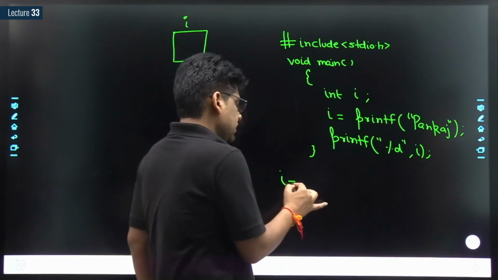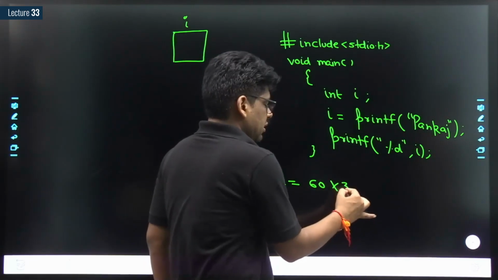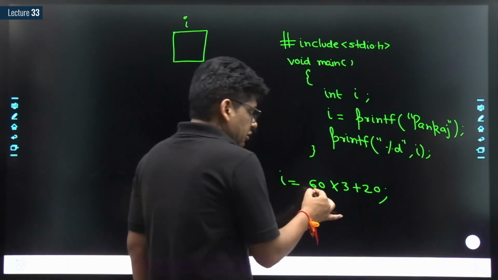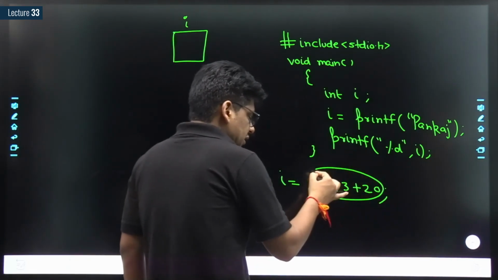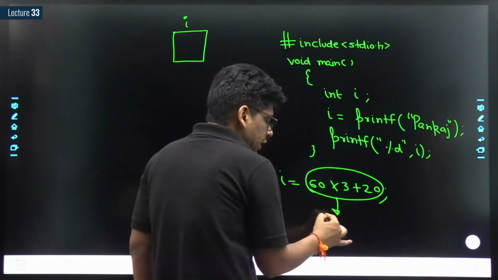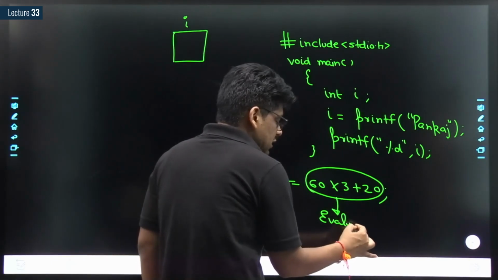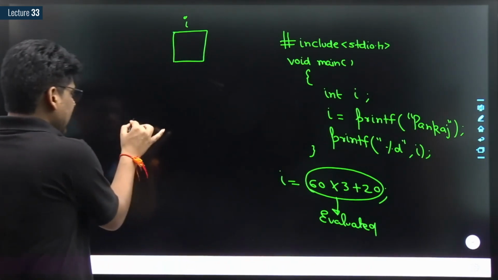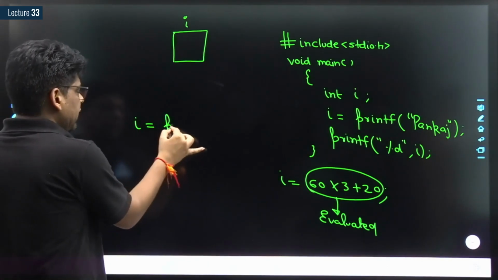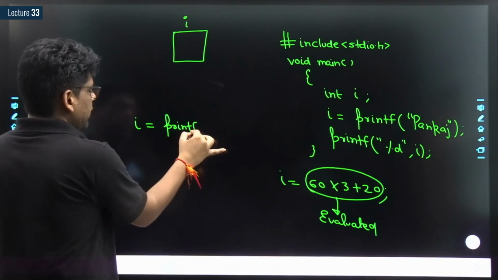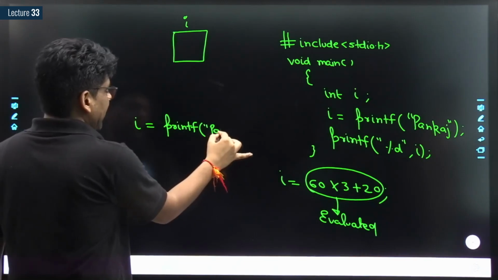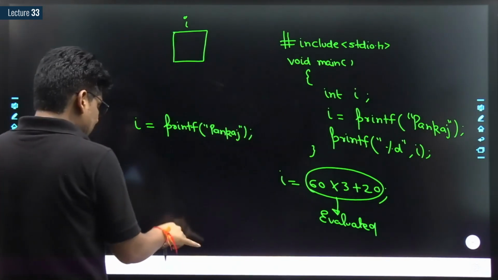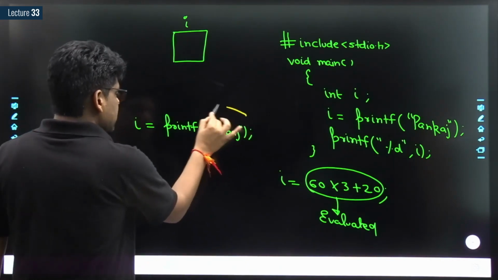Previously, if we used something like this, again it is an assignment statement. Firstly, this value is evaluated. Similarly, if you write I is equal to printf Pankaj, for the compiler this is an assignment statement and the compiler tries to evaluate it.